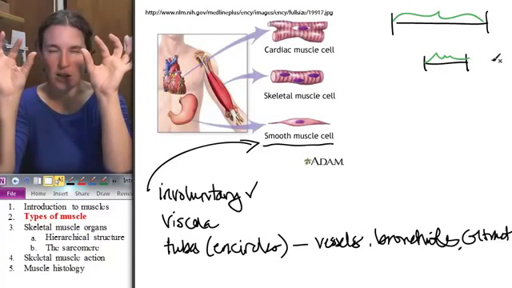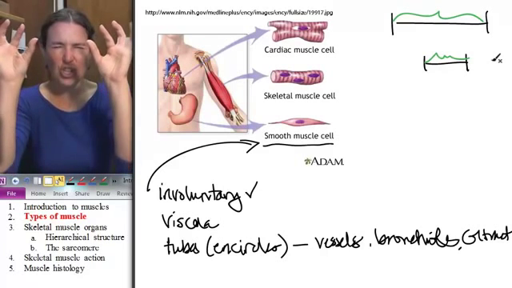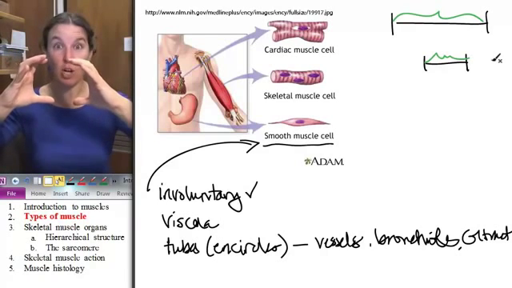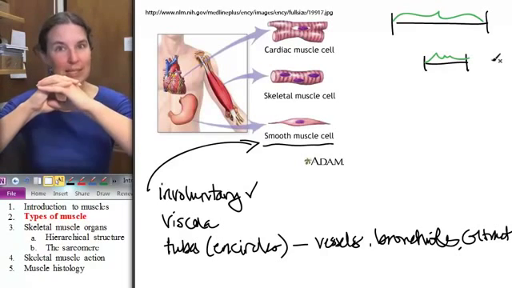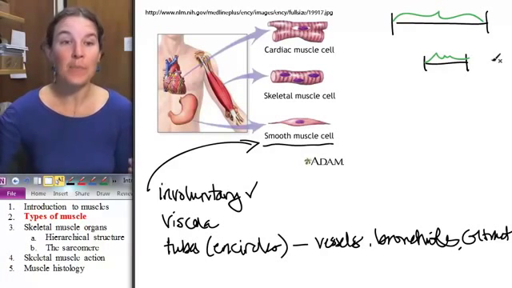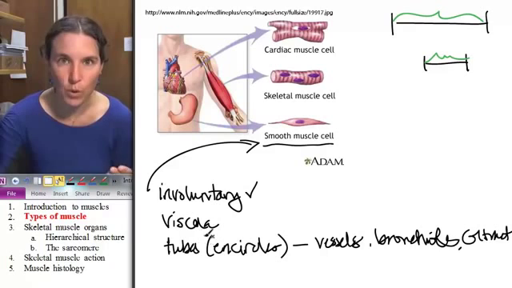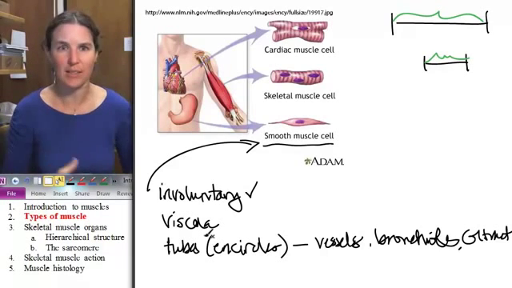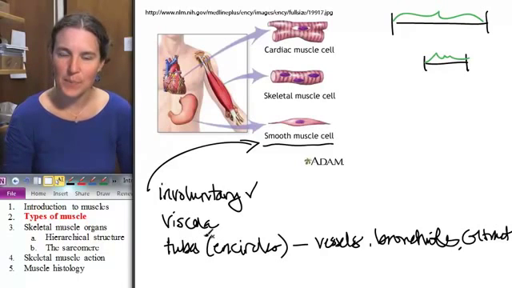So you can imagine this outer layer shortens, and it increases the diameter. The inner layer shortens, and it decreases the diameter of my tube. This is a mechanism that smooth muscle employs to change the diameter of tubes all over the place in your guts. Fantastic.